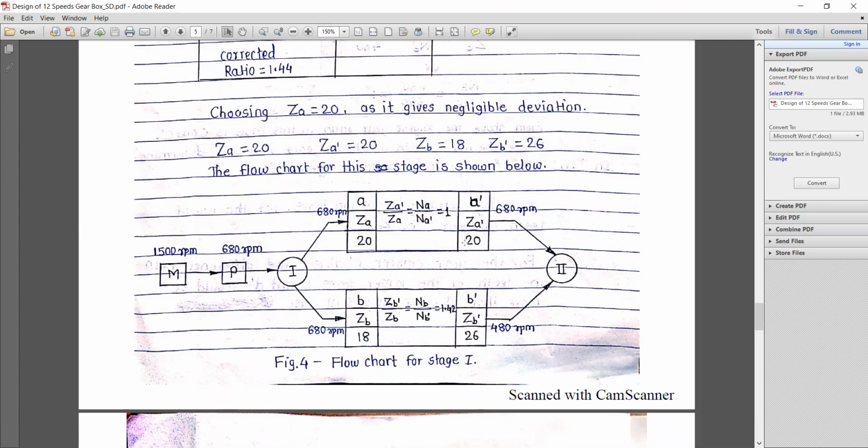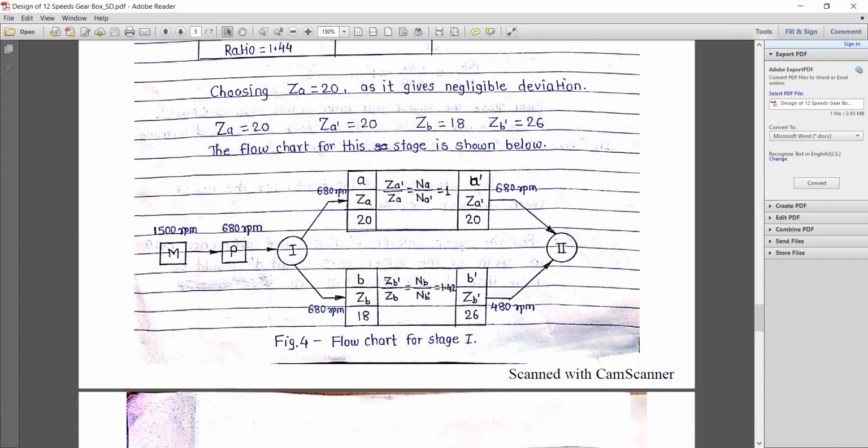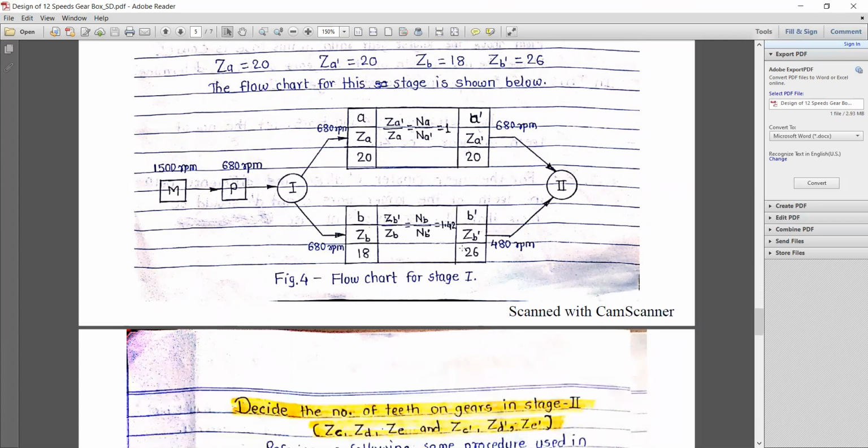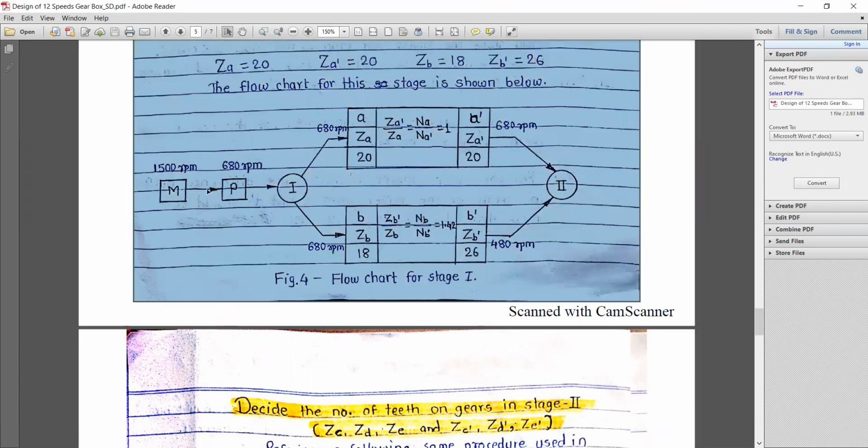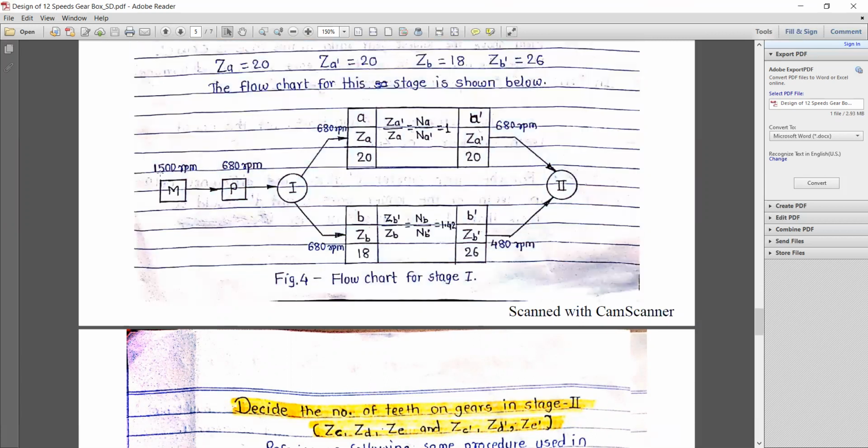Here is the flow chart for stage number 1. The motor gives power at 1500 rpm, from the motor to the pulley in the initial stage, which converts 1500 rpm into 680 rpm. The first input shaft receives 680 rpm.